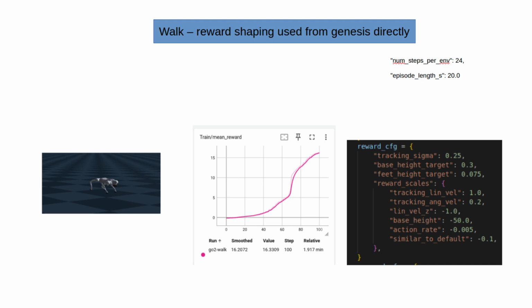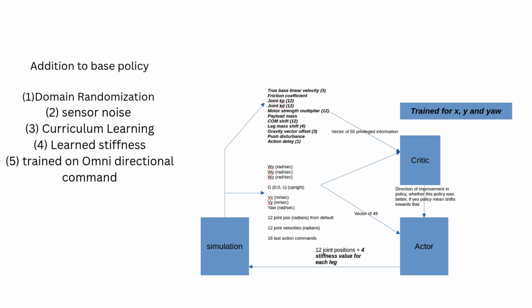The idea of these slides is how to transfer the policies to a real-world setup, that is, sim to real. For that, I added to the basic walk policy domain randomization over friction surfaces and sensor noise. When I added this, training became difficult, so I had to use curriculum training where I increased the difficulty slowly.